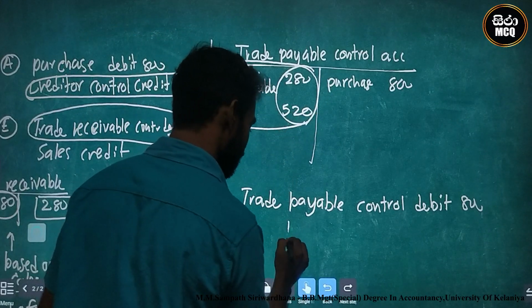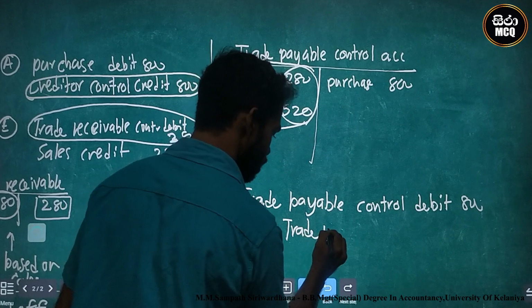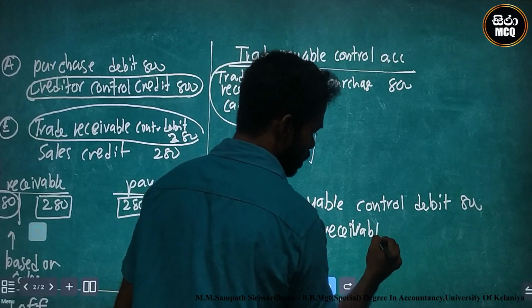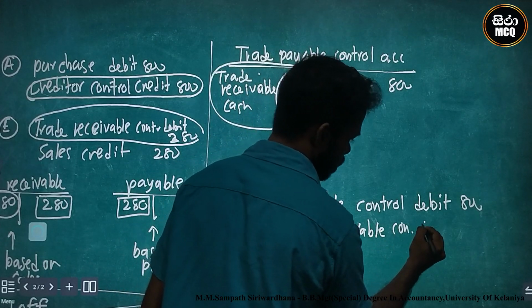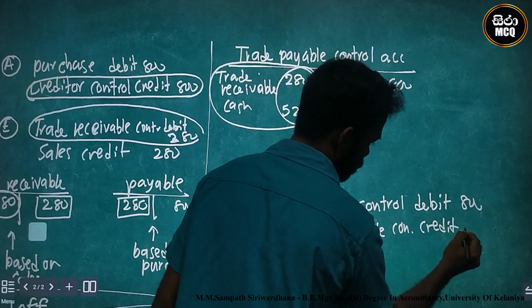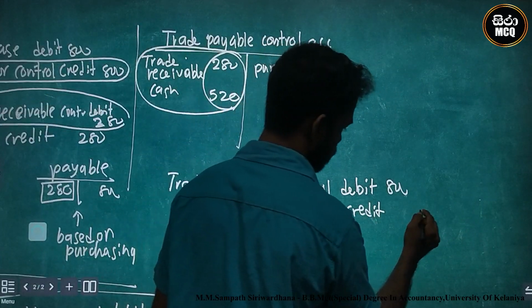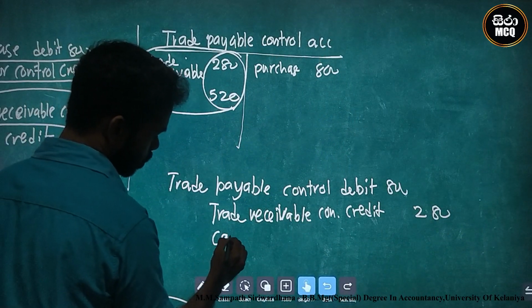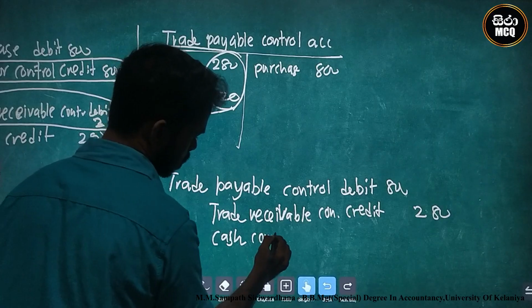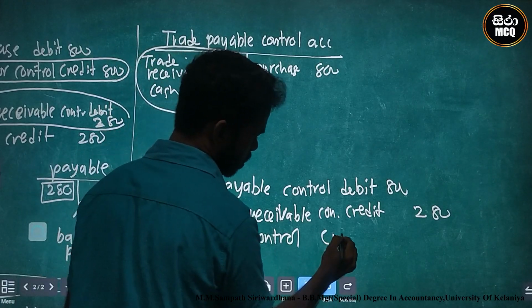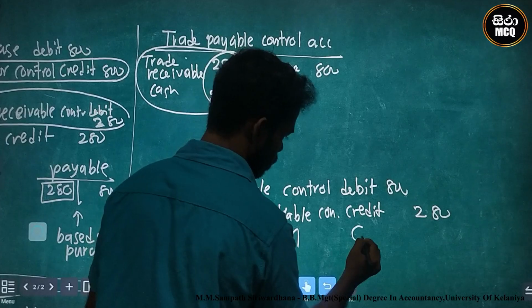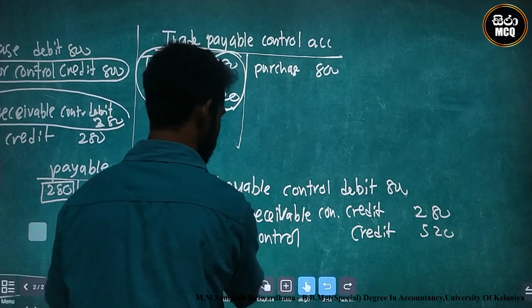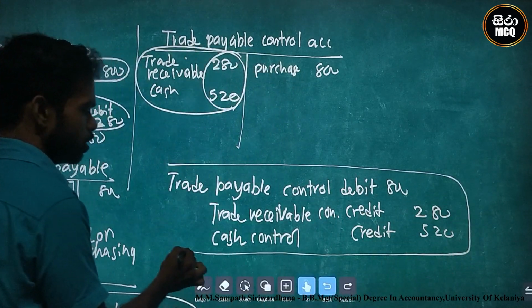Trade receivable control credit 280. Cash control credit 520. This is the summary of the settlement.